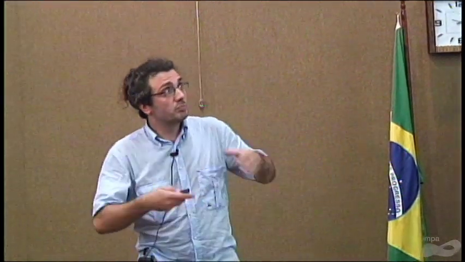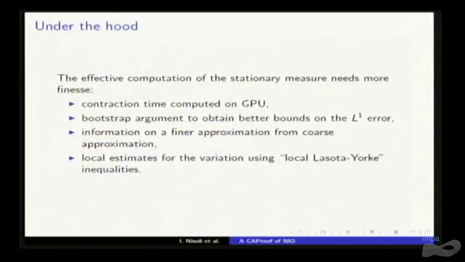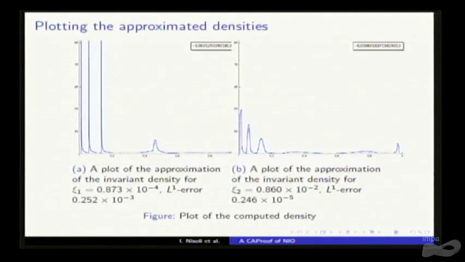And so there are some bootstrap arguments that permit us to get a first approximation of the invariant measure, and then use this approximation to get a better estimate for a new approximation by using these Lasota-Yorke arguments, and these are the approximated densities.